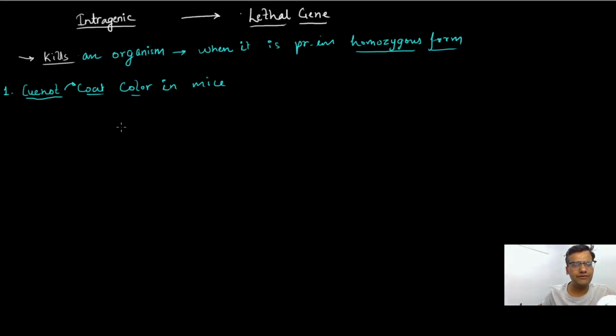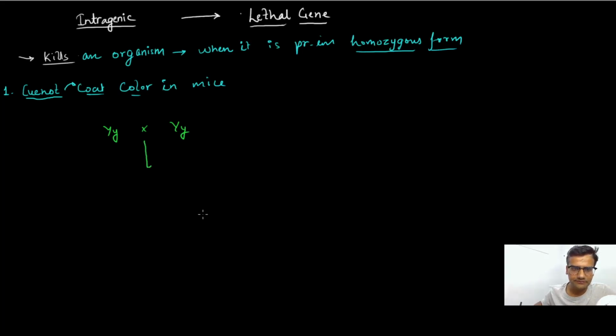If we study the coat color in mice, it could be yellow or brown. Let us say an organism with heterozygous form, capital Y small y, is crossed with another heterozygous form.